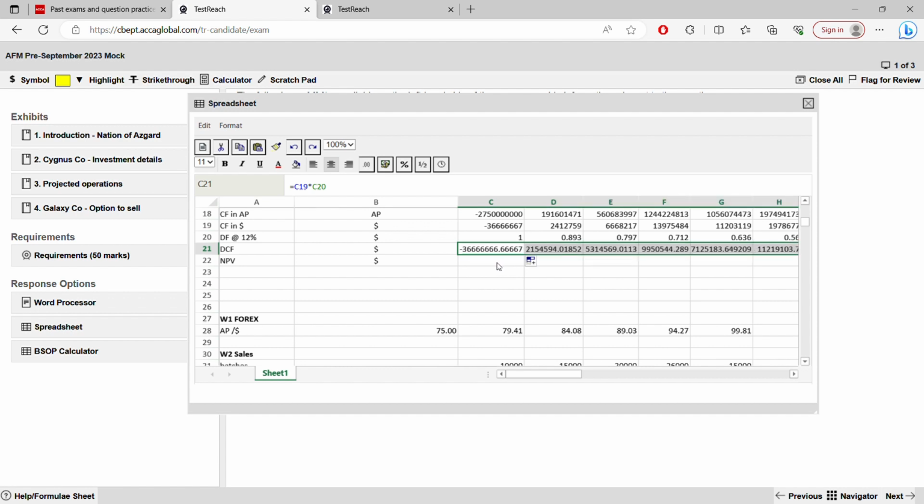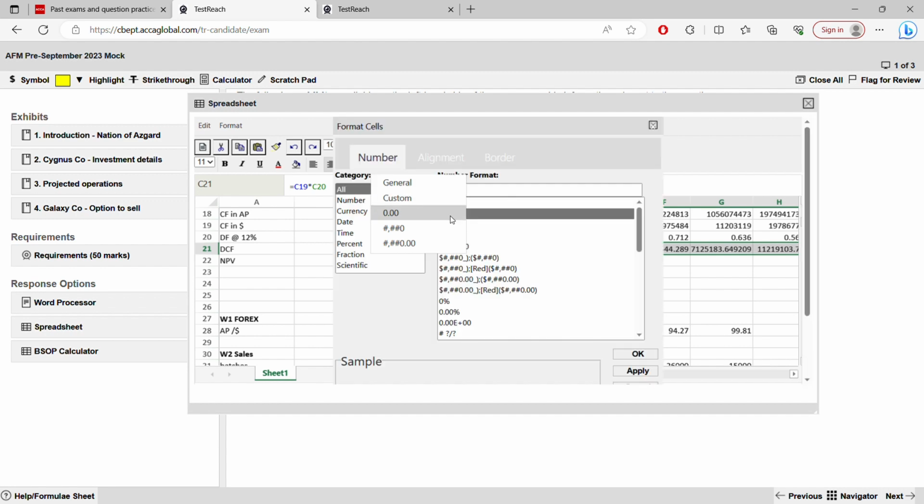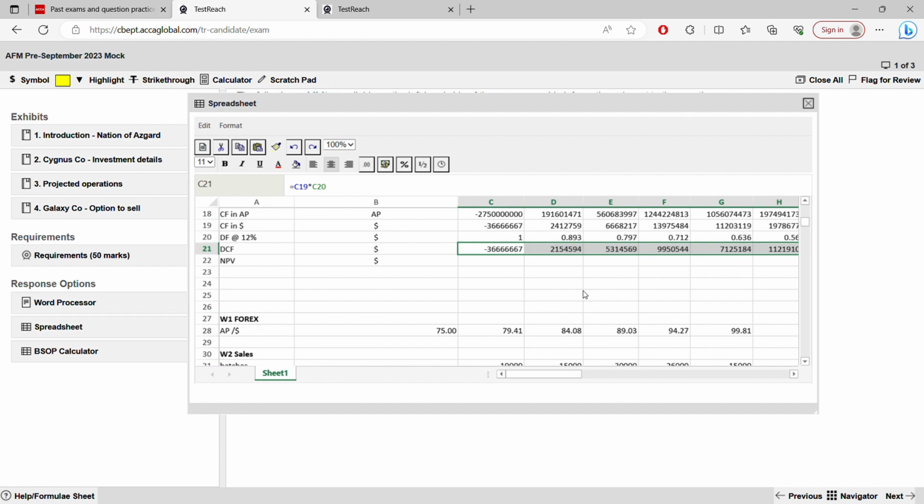Okay. And again, we'll change it to the whole number. Custom 0. Okay. You see? Now, what's next? It's just the net present value. So net present value is the sum of all this.